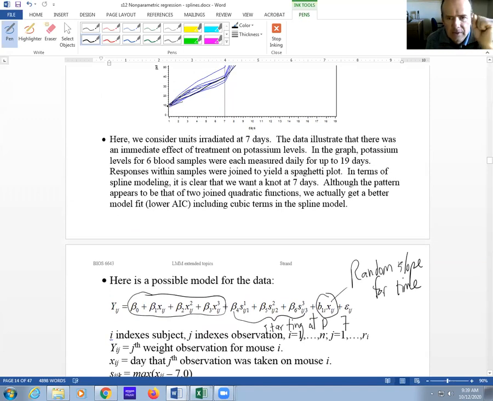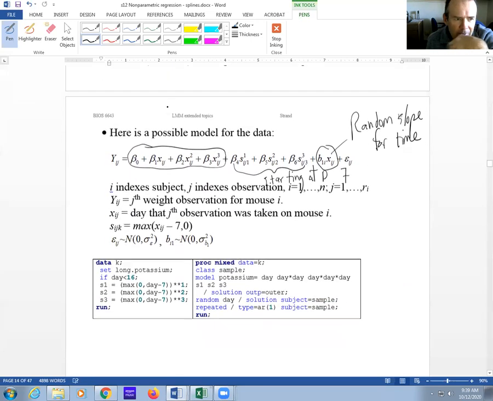But we assume that's in common to all subjects. Again, though, I just want to make the point that normally, if you have a higher order term, you have the lower order term, unless there's specific reason to exclude it. So in this case, there's enough justification not to have the random intercept in there.